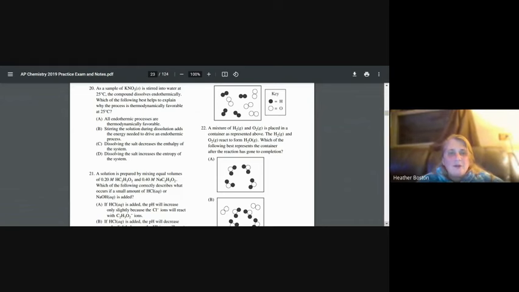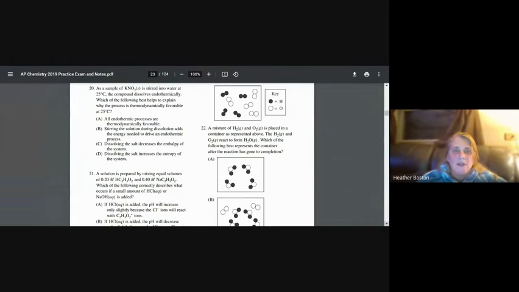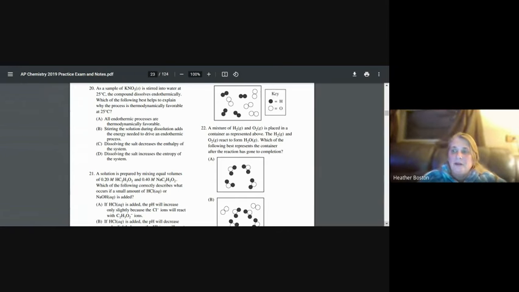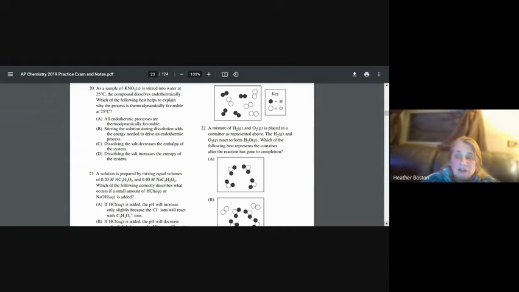This is another one we haven't really learned yet, but the formula in your packet that relates to this problem is delta G equals delta H minus T delta S. So we know delta H is enthalpy, and we just learned that delta S is entropy.